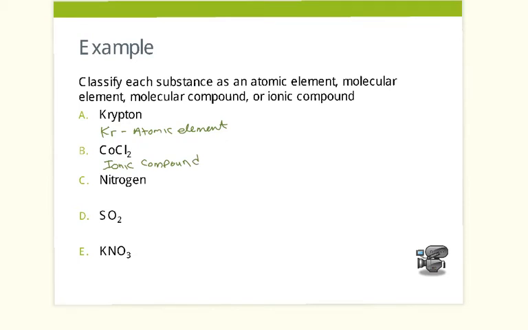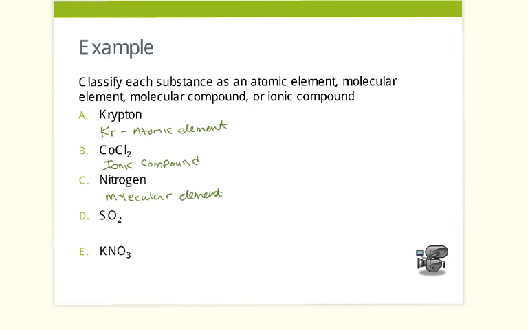Nitrogen is found on the periodic table, so it's an element, but it's one of our diatomics, so it is a molecular element. SO2 is made up of 2 different elements, so that will tell us it's a compound, right?